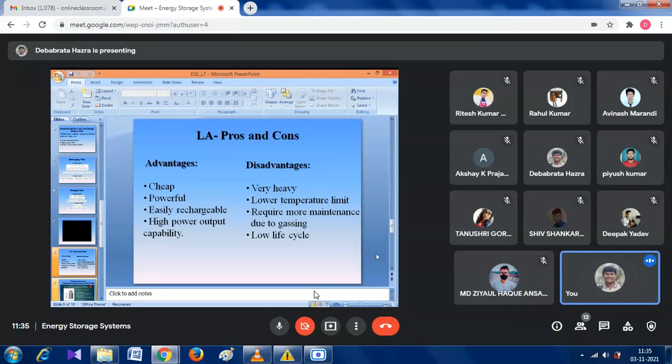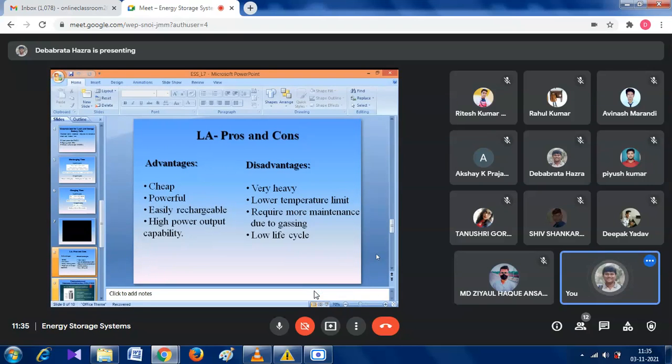That means the charging and discharging cycle is not very high. It has a low life cycle. That means the charging and recharging cycle may be 2000 maximum.